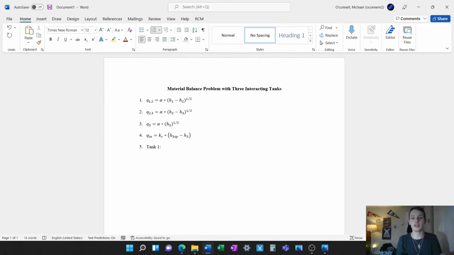So for tank 1, let's describe the material balance, right? In this case, we're doing it with fluid, so let's use volume, right? We have some volume of fluid in tank 1, some in tank 2, some in tank 3. And we know that the materials have to balance. It's literally in the name, right? Conservation of mass.